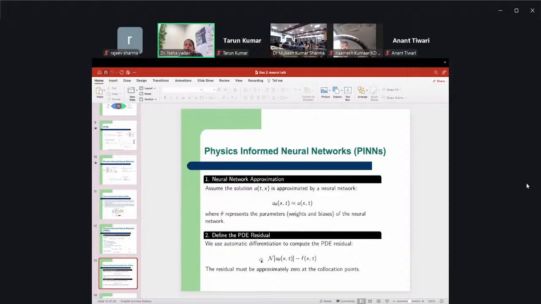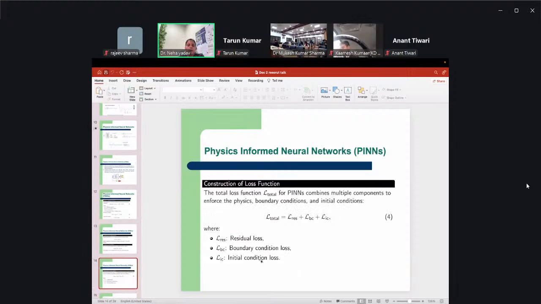And of course, this residual must be approximately 0 at the collocation points. So collocation points are the points that we generate within the domain, spatial or temporal. So based on the PDE residual, further the loss function is constructed.